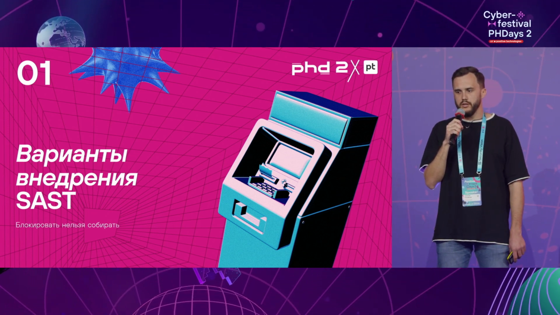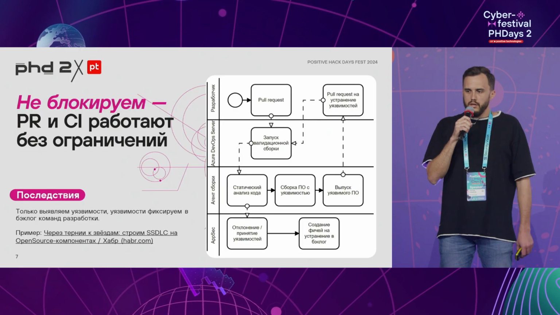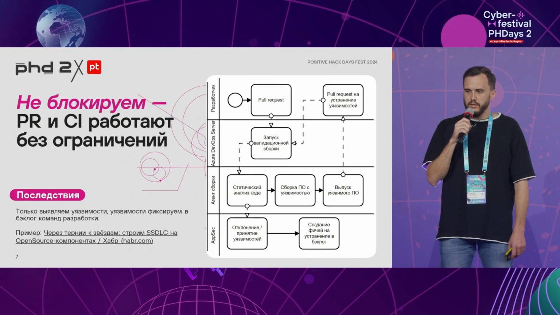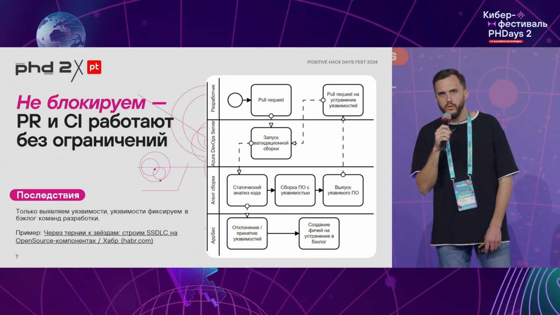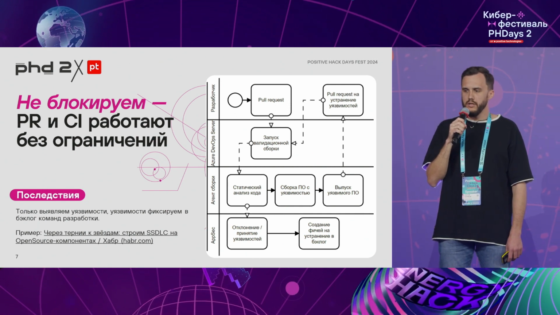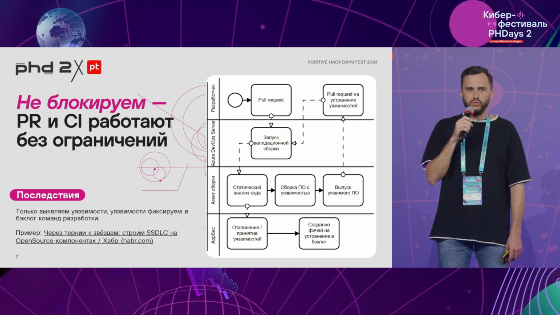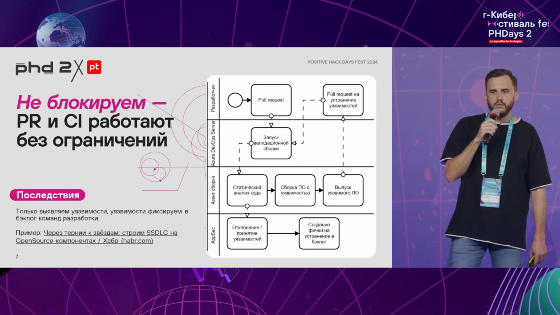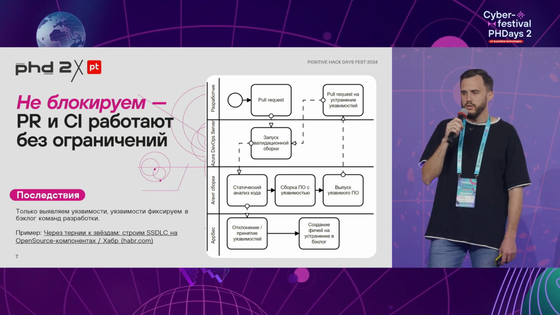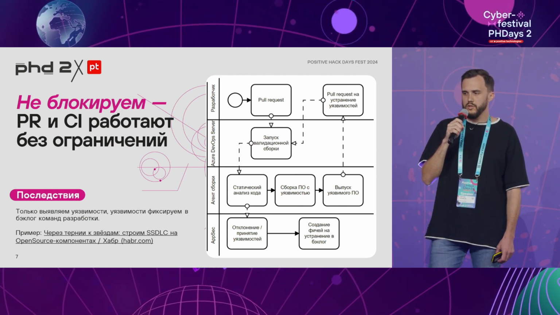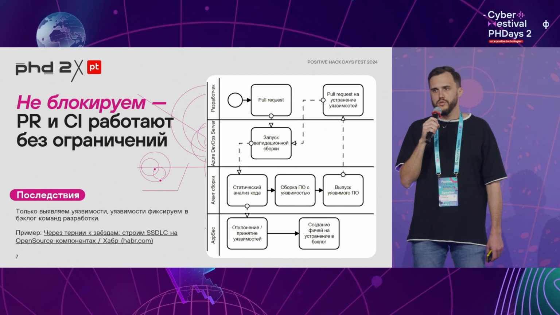So what options of implementation have we been looking at in our company? We've been looking at three main options. The first is when we don't block the pull request and don't block the assembly. So the criminal, or the developer, can apply a vulnerability.